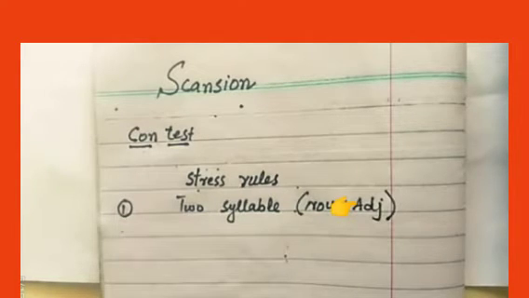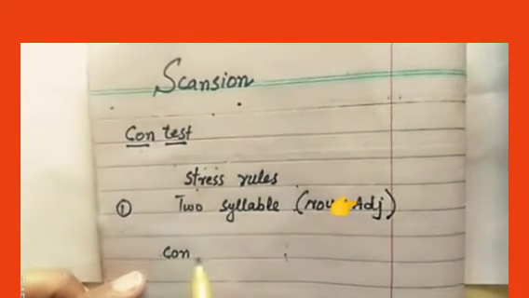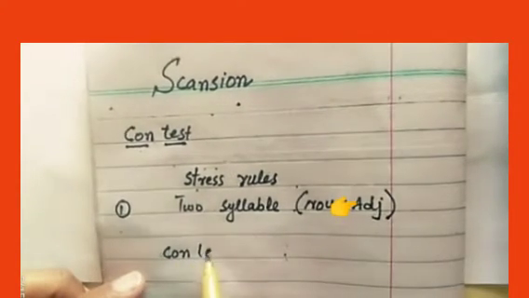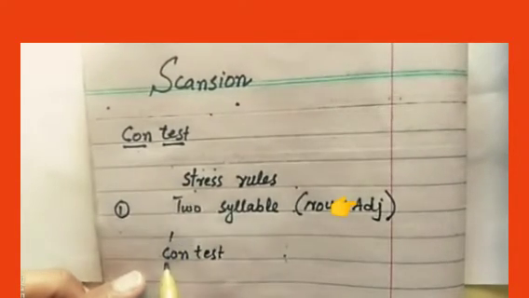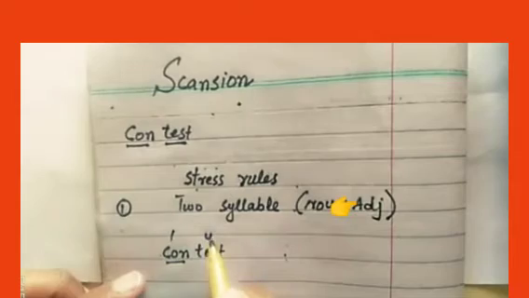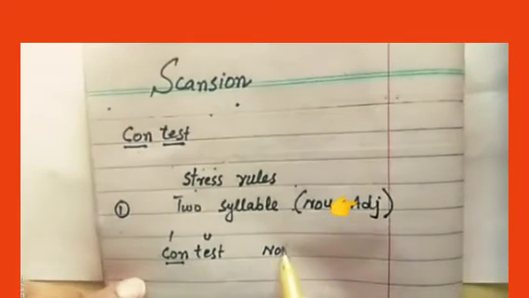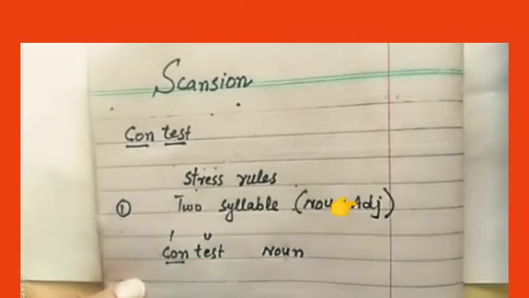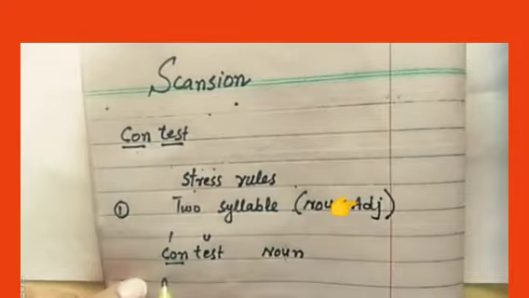For example, the word contest, which I wrote there, contest. Here the stress will be on the first syllable and not on the second. The word contest is a noun, so here the stress will be on the first syllable and the second syllable will be unstressed.